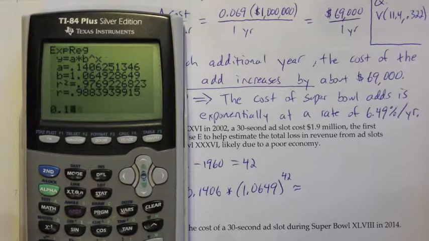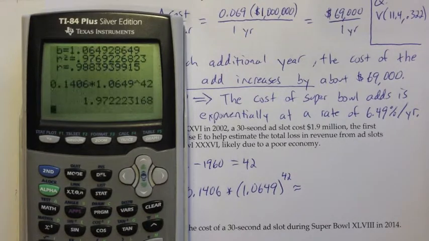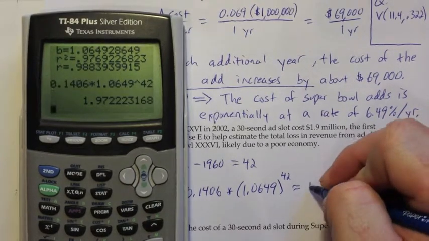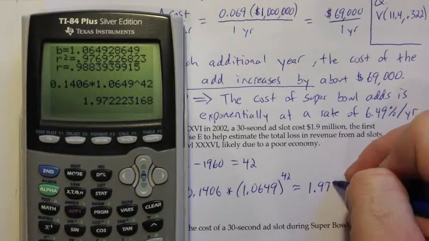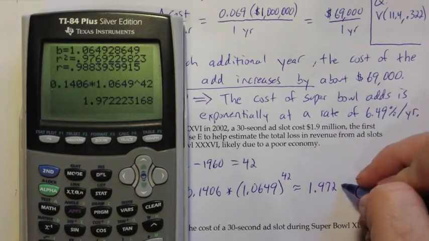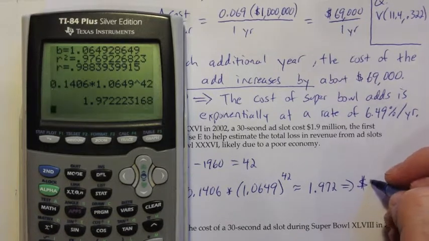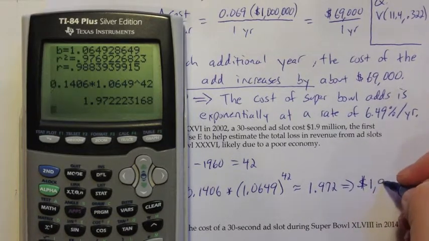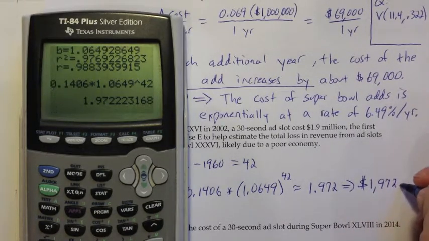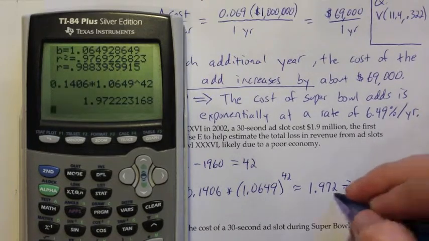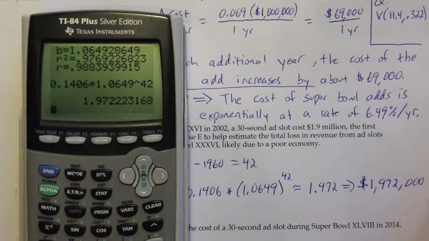So 0.1406 times 1.0649 raised to the 42nd power. When I do that, I get about 1.972, and again that's in millions of dollars. So multiply by 1,000,000, we'll move the decimal over 6 spots, so that would be 1,972,000. And then since I rounded that off, I'll just put zeros right there.